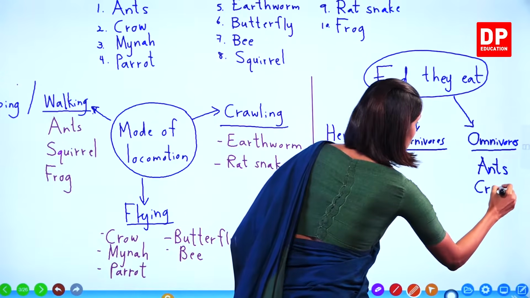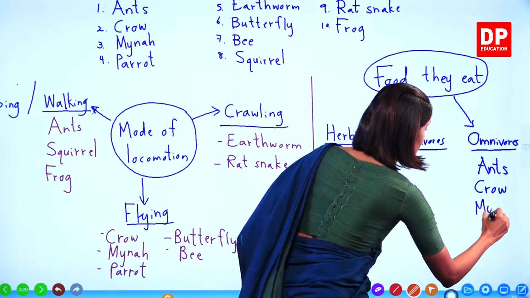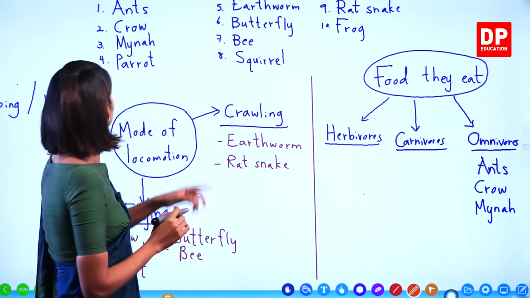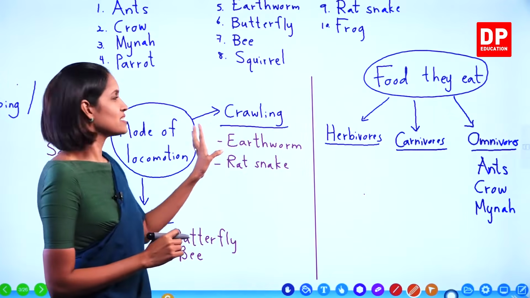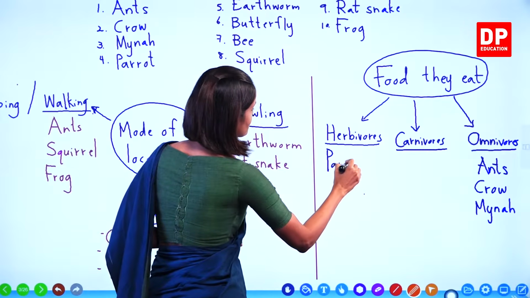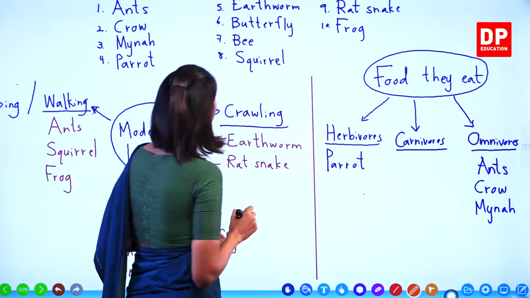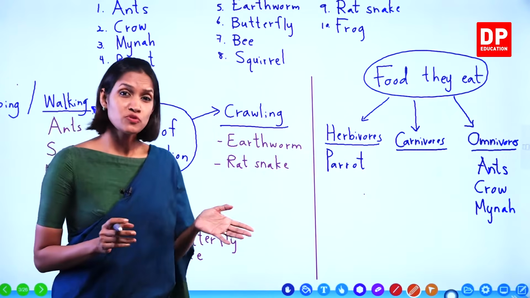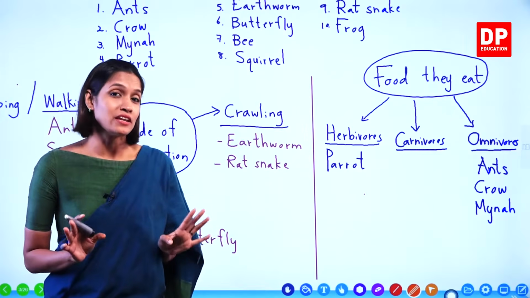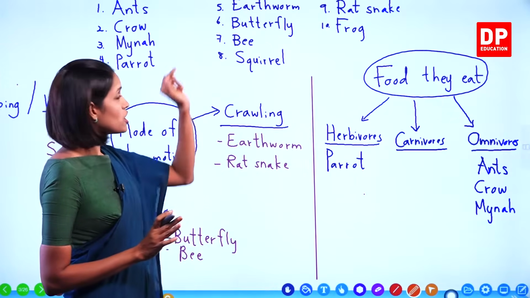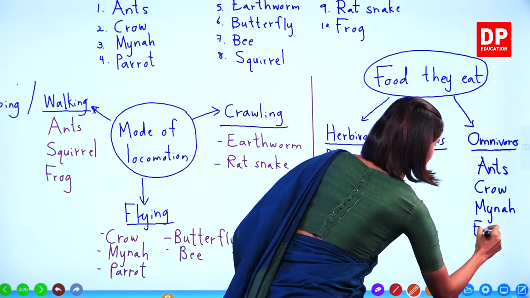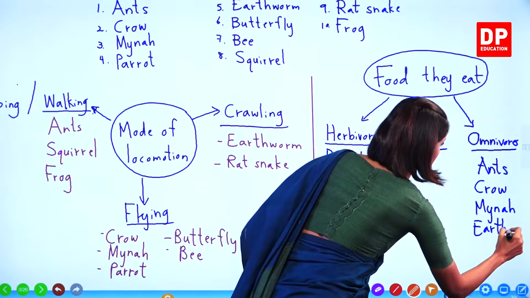Crow, myna, omnivore. Right. What about parrot? Parrots basically come in under herbivores. Parrot. Earthworm. Earthworms also feed on decaying matter, animal or plant matter. Therefore, they are also coming under omnivores. Earthworm.